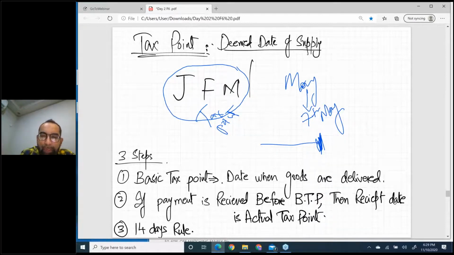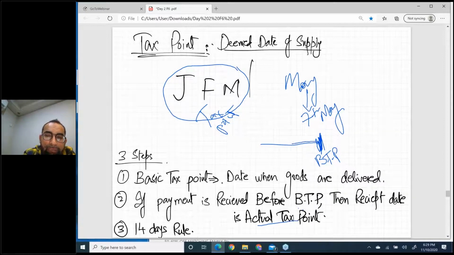So let us say this is your BTP. You mark the BTP, the date you delivered goods to customer. Now, second thing, if payment is received before BTP, then the receipt date is your actual tax point.